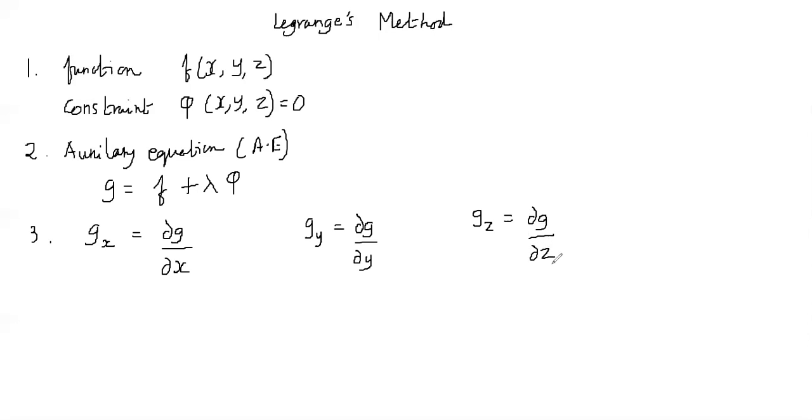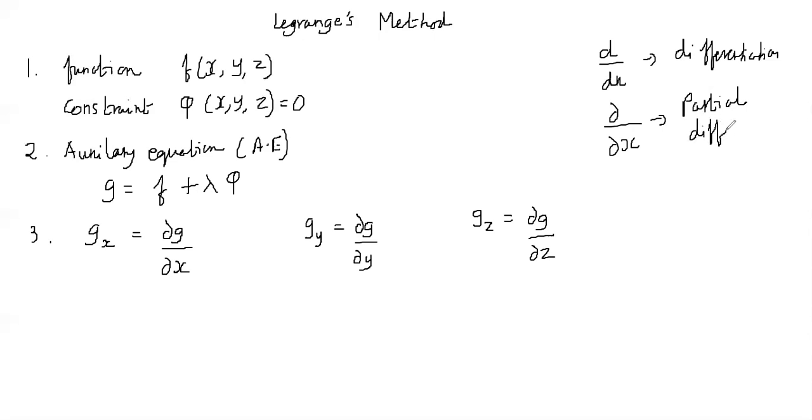See, d by dx is complete differentiation, and dou by dou x is partial differentiation. What is the main thing in partial differentiation?